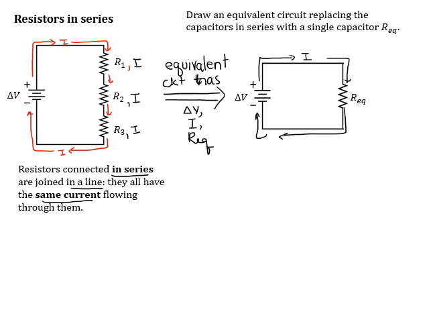Okie dokie. So let's see if we can get a relationship between these two circuits, and how we relate the equivalent resistance to those individual resistances. Well, what we know about the potential is that it's the energy put into the circuit. Whatever energy is put into the circuit has to be used up by the circuit. So the potential supplied by the battery has to be distributed across the three resistors.